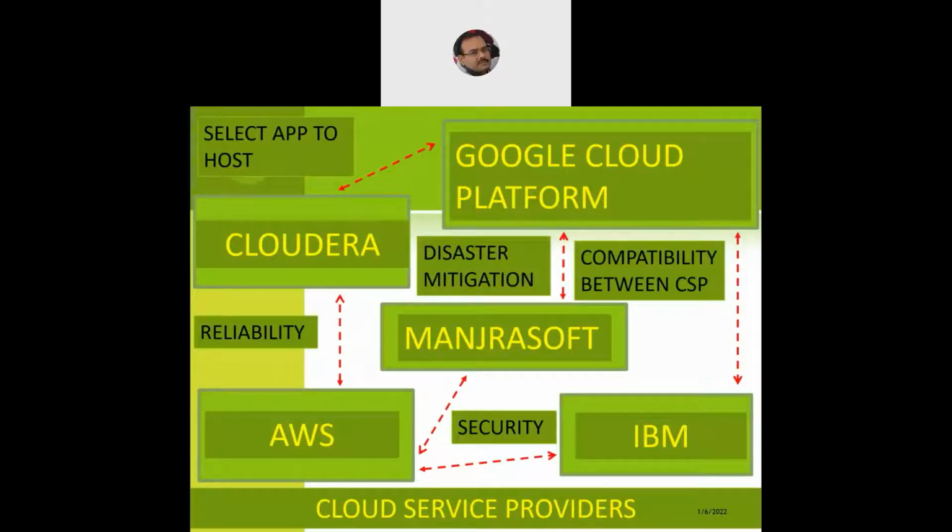Also, there could be a problem of disaster. It may happen that during the migration of the data, that is the movement or transfer of the data and the application from one cloud computing environment to another environment provided by another cloud service provider, the data may get hacked, or one of the cloud service providers may suffer some disaster, maybe a man-made disaster or a natural disaster. Human calamities might happen.